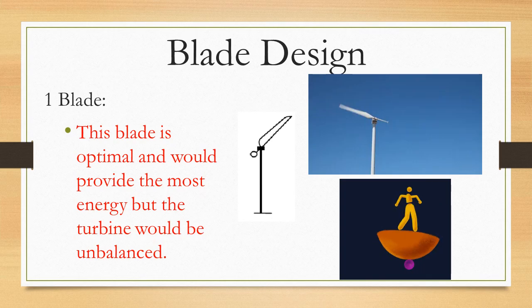Well, we have to think about the structural integrity of the entire turbine. If the blade spinning in high winds causes an imbalance, it could damage or break the turbine or the tower. So if we have the potential to break the tower or the turbine, it's not exactly a good design, even though it's going to provide us the most energy.